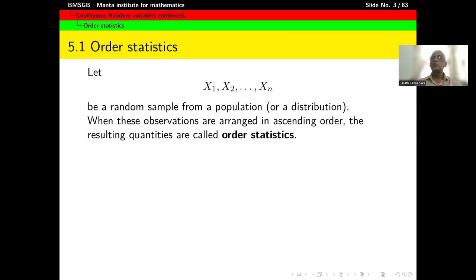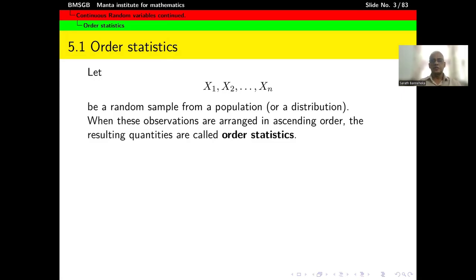So these new random variables, the minimum, the second minimum, third minimum, and so on up to the maximum, all are functions of x1 up to xn. So they are actually statistics, right? A statistic is a function of random variables.